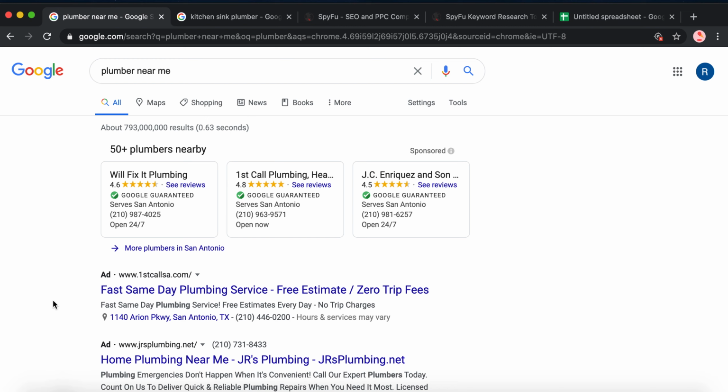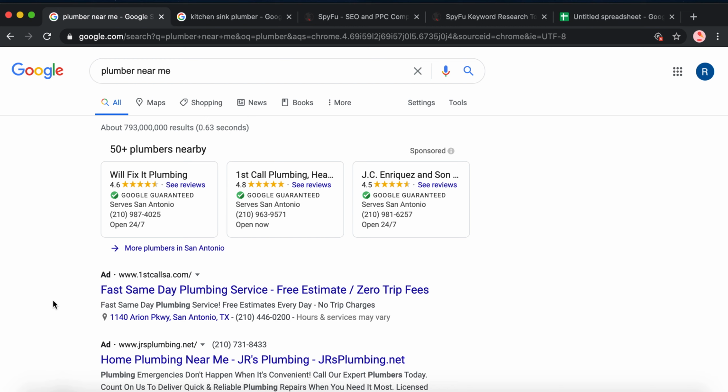So we have a couple of different businesses bidding on this keyword, and then as we scroll down, you can get some ideas from these organic ones as well. For example, I searched plumber near me, and I'm in San Antonio, but you also would want to bid on people searching plumbing in San Antonio, or plumbers in San Antonio, or wherever you are from, right?